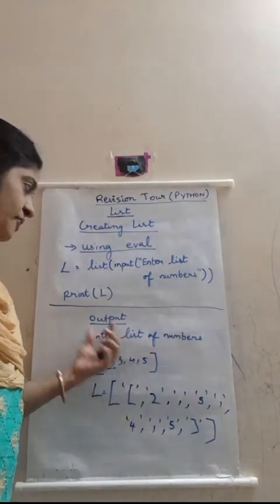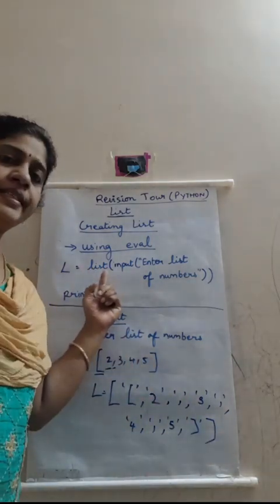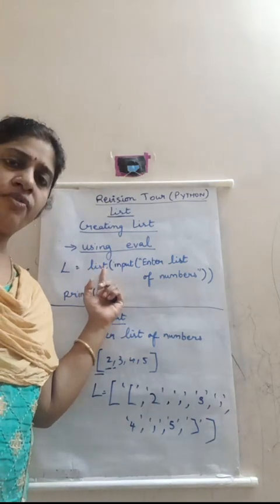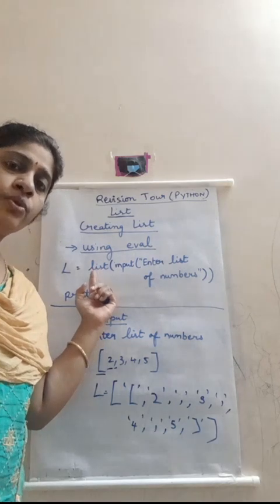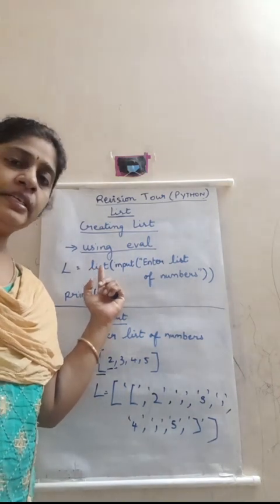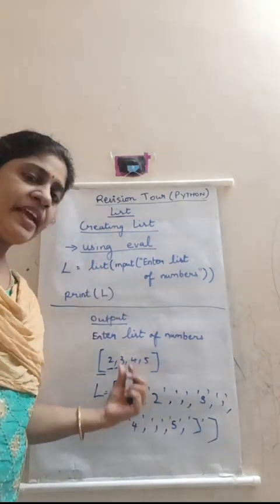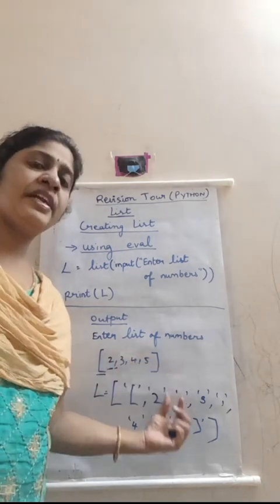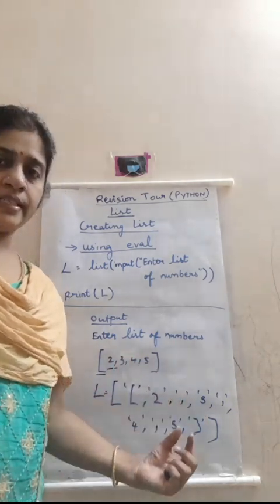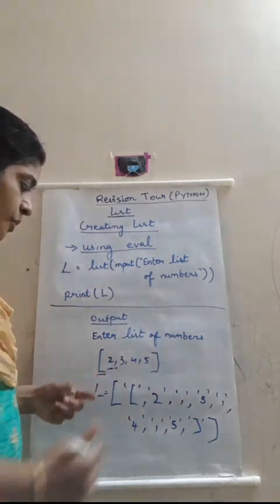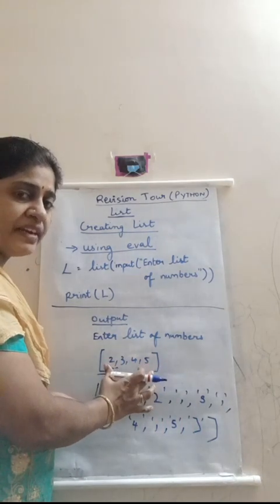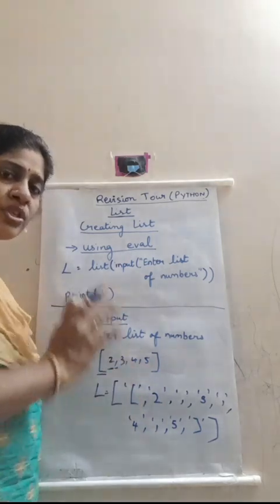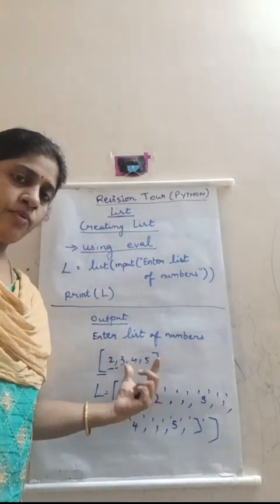In this case, if you are using the list function over here, this is a constructor function. If you use this list to convert, it will be converted like this. Every value will be converted into an element of the list. But I want to convert whatever the user has entered in the form of a list, this whole thing, into an original list from the string.